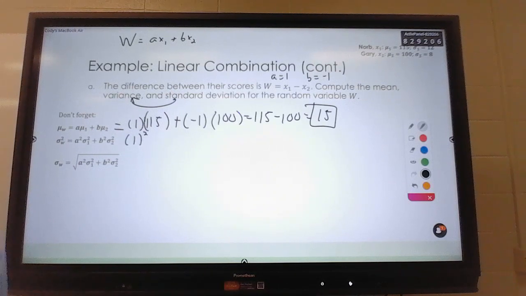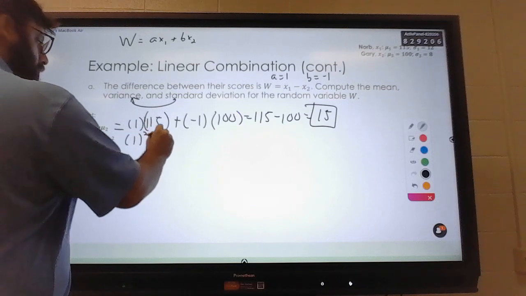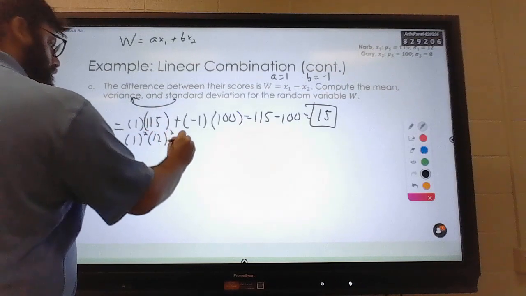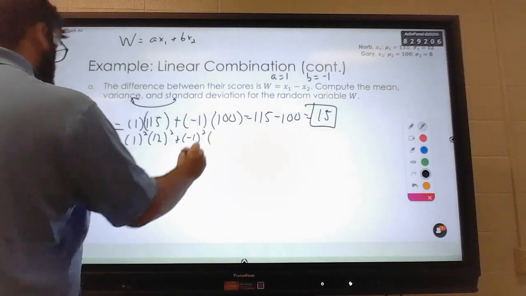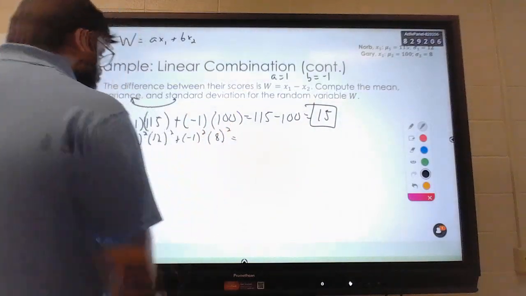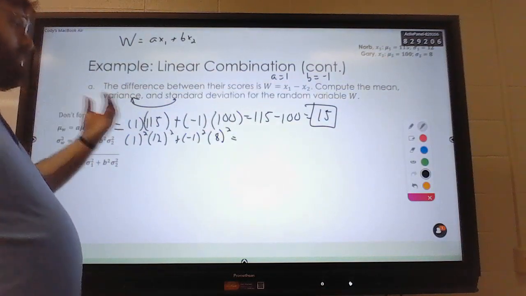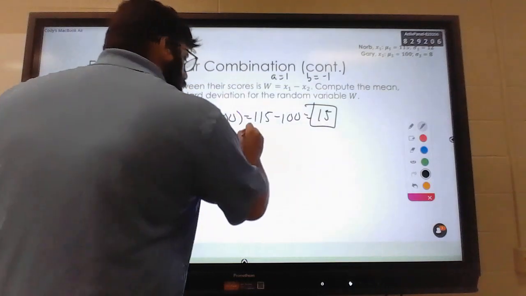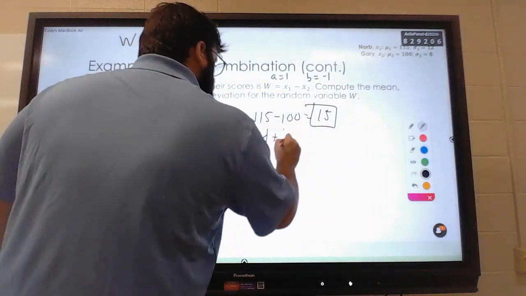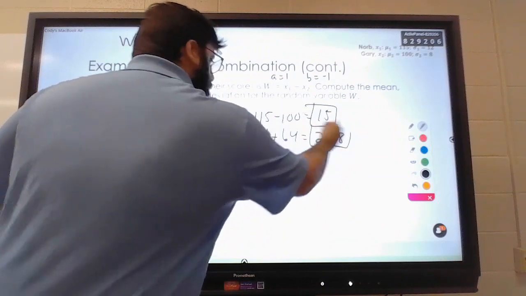Gary's is 8. So it's 1 squared times 12 squared plus negative 1 squared times 8 squared, right? So 1 squared and negative 1 squared are just going to be 1, so we're really just calculating 12 squared plus 8 squared. That's 144 plus 64. That's 208.